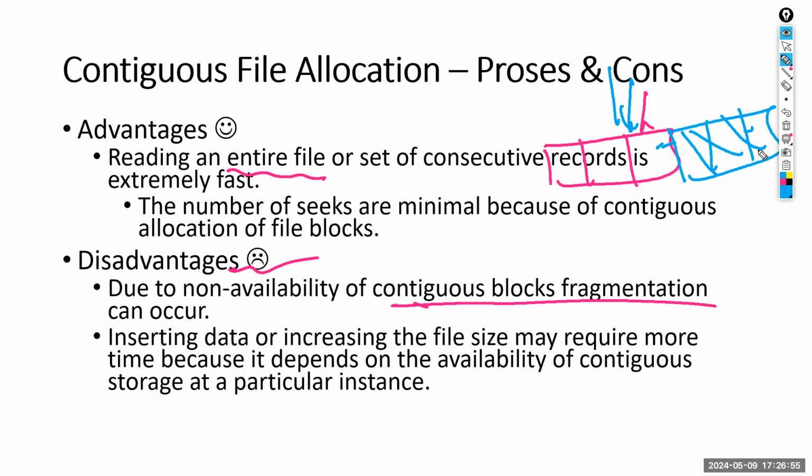So either you have to violate contiguous allocation, or you need to restructure and move these blocks to some other place and take this block for this file's use. So in the background, the operating system needs to do some rearrangement of the blocks, which we are not aware of as users, but it happens in the background and is a little bit of overhead as well.